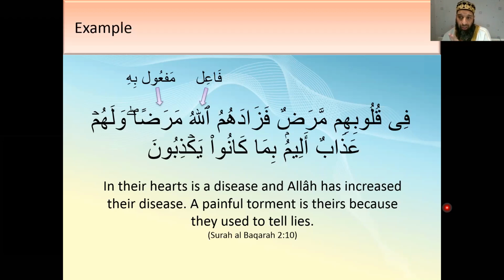So كان الله translates as Allah is Ghafur Rahim, but really kana means he was. Kana is a past verb, means to be, he was. So why is it translating to be the present tense when it's a past verb? So the ulama say that past verbs make the thing stronger.